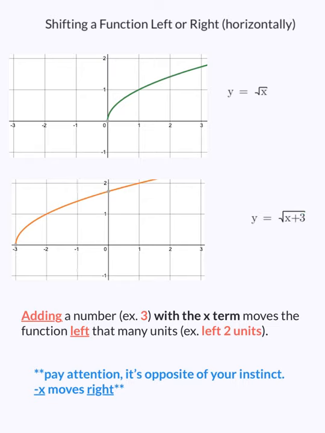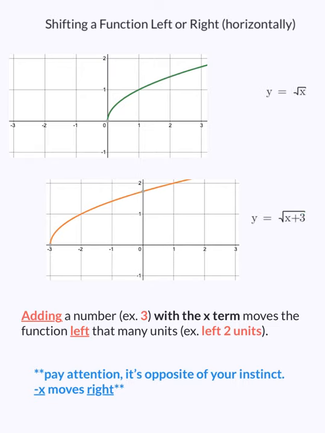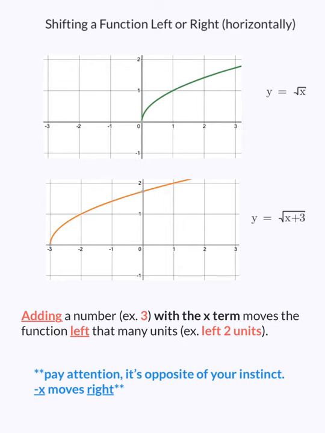I'm going to move my graphs over here a little bit. So here I start again with y equals the square root of x, and now I want to move it to the left 3 units. So I have this plus 3 under my radical symbol.